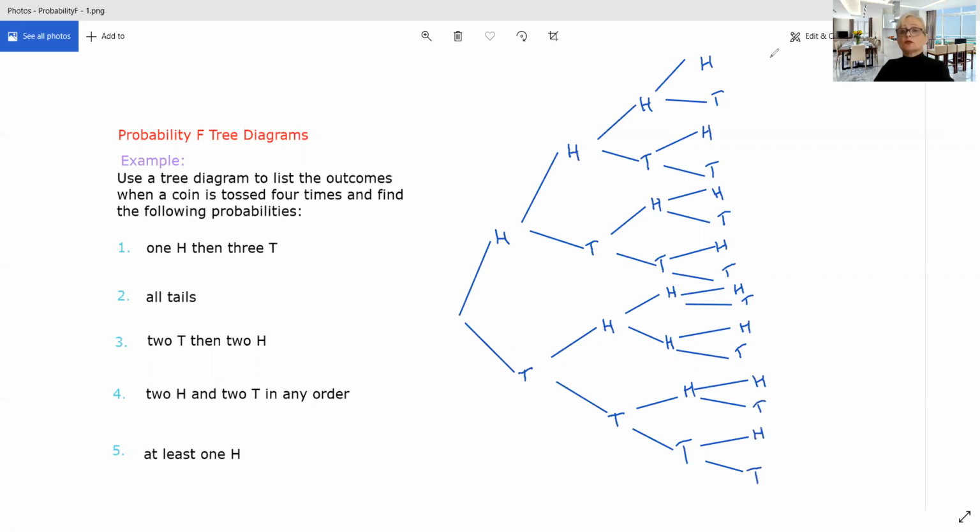Okay, so going across, we're now going to list our outcomes. So we go up the very top branch and then we come down one each time. So head, head, head, head is our first one. Our next possibility is head, head, head, tail. And so on. So I'm going to list all these. There will be 16 of them.